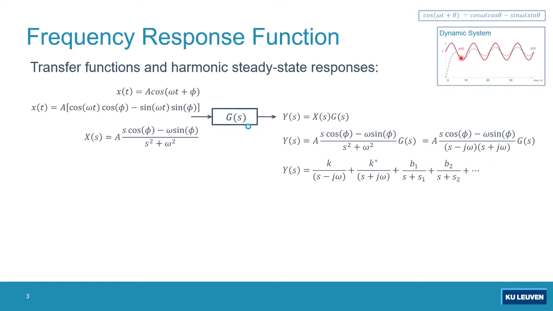So in this case, I can intuitively say that the first two terms of my response are associated with the steady state response, because these two terms are associated with omega, where omega is the main parameter of this input, a cosine omega t.